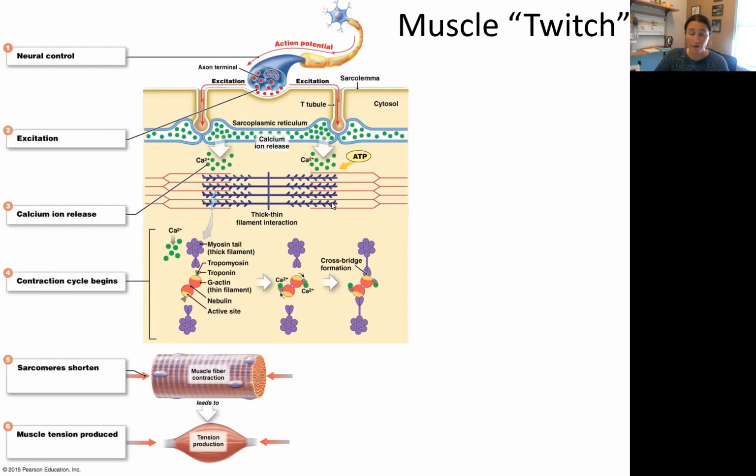And as we know, the cross bridges, let's go back up here, essentially pull this actin closer to the M line. So pulling the Z disc closer to the M line and this one closer to the M line, and finally shortening the entire sarcomere. Throughout this video, I am going to use my hands to kind of represent this process.